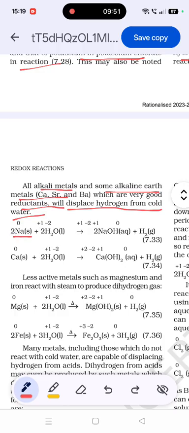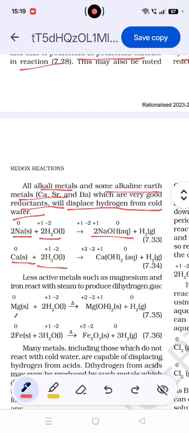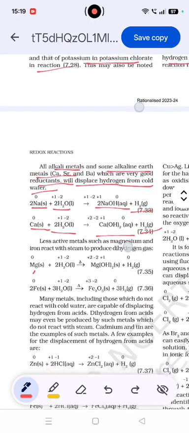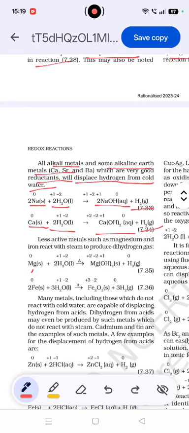Sodium and calcium react with water and replace hydrogen from that water, and it becomes sodium hydroxide, and in the second case calcium hydroxide, and hydrogen is released. So this can be considered a redox reaction where non-metal displacement has taken place.